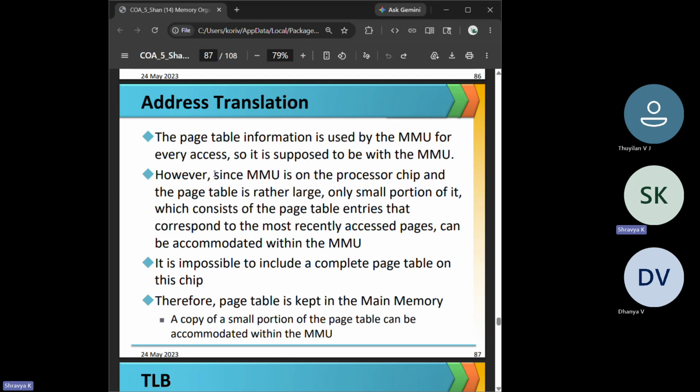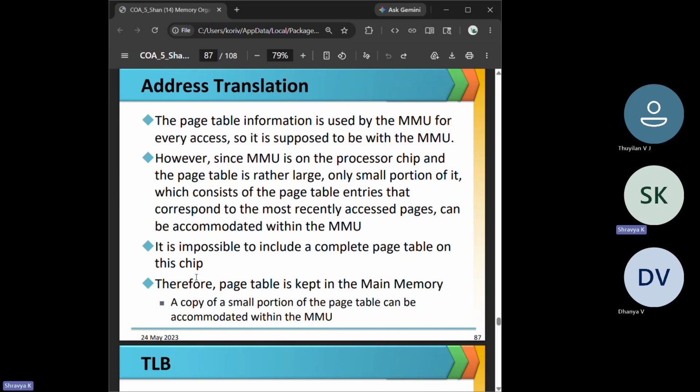So we can't have the entire page table stored in the MMU, because the page table is very large, and it is impossible to include the complete page table in the processor chip. We only take a portion of it, right?